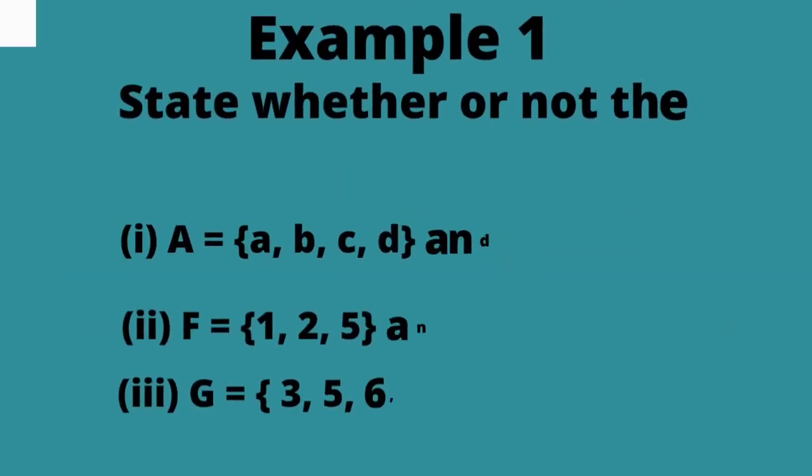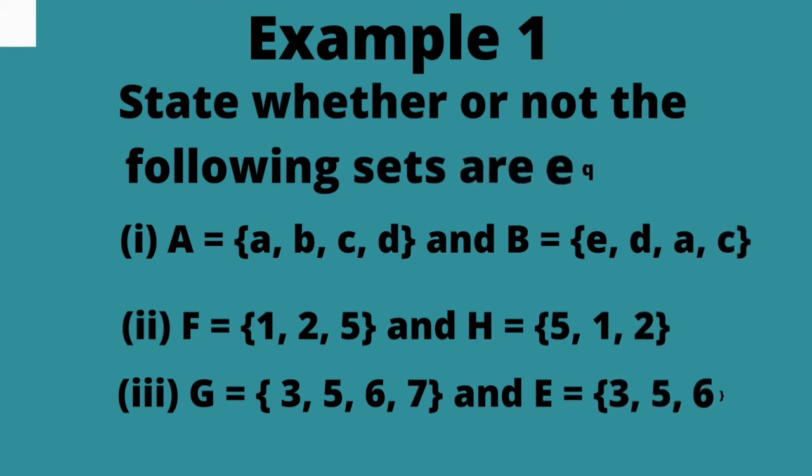Alright? Example 1. State whether or not the following sets are equal. Roman figure 1. The elements in set A are A, B, C, and D, and the elements in set B are E, D, A, and C. Roman figure 2.